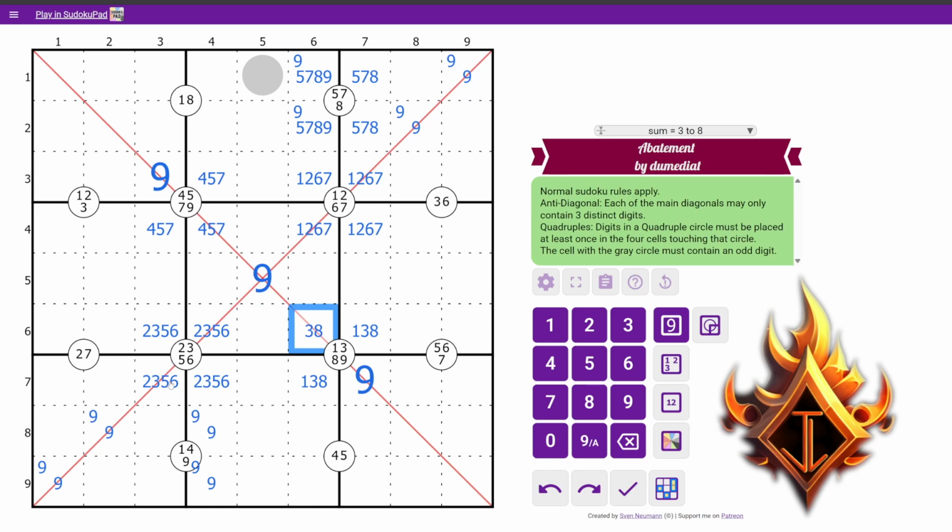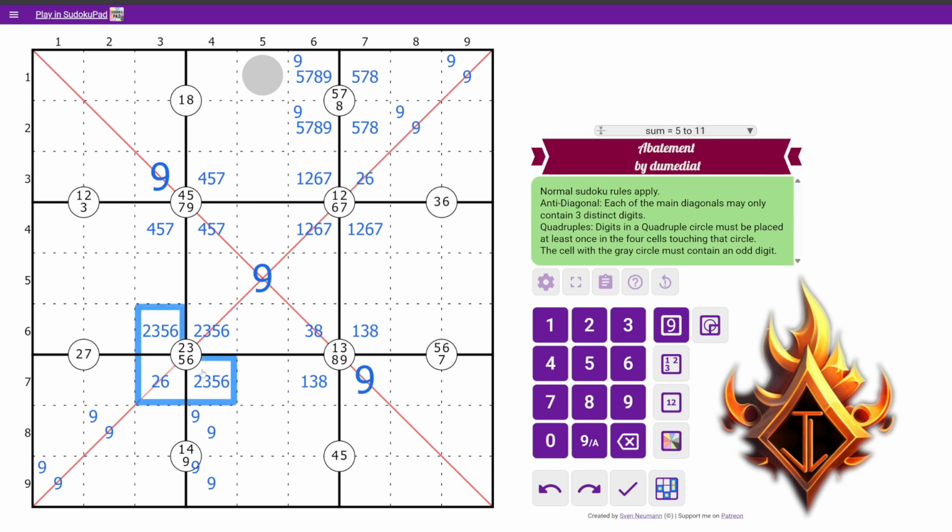Oh, actually, this diagonal here must also be, this digit has to be one that is in this one as well, which can only be a 2 or a 6. And then this one must be the same as we did with the other diagonal, right? So this quadrant and this quadrant.